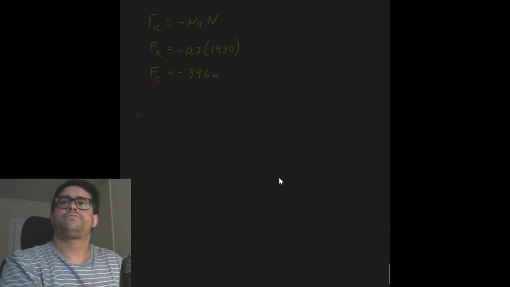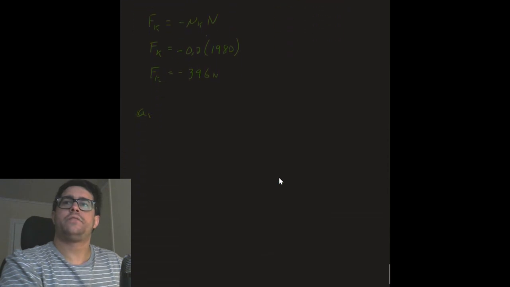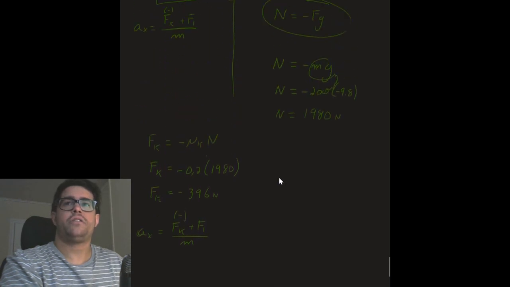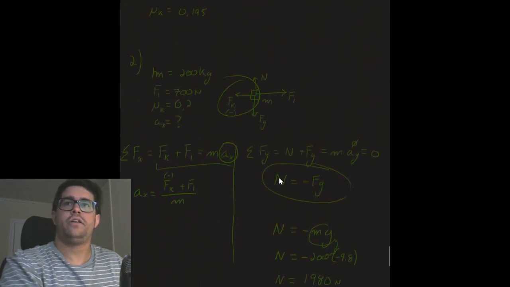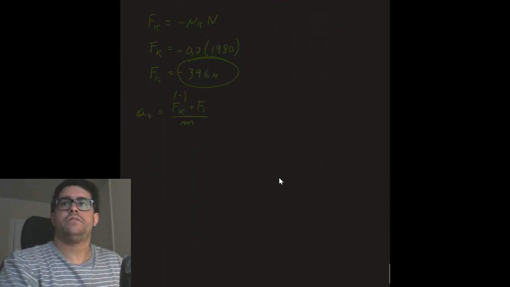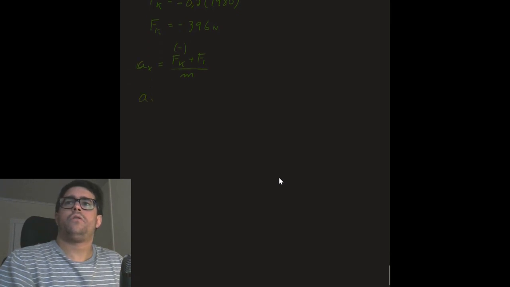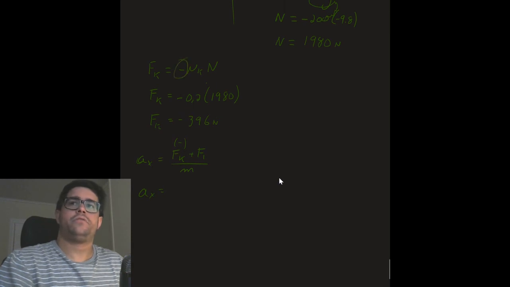The last formula, ax is Fk plus F1 over M. We said Fk was negative. Let's double check the drawing: Fk is negative, good, and it is negative because we put a minus in the equation.